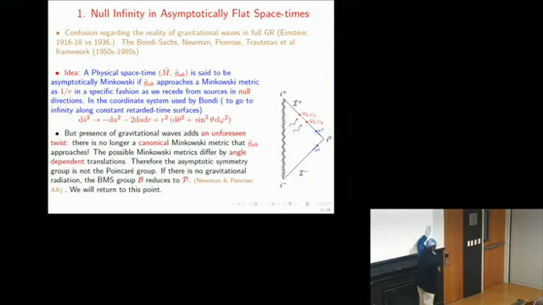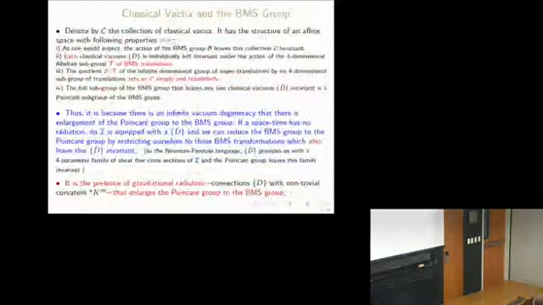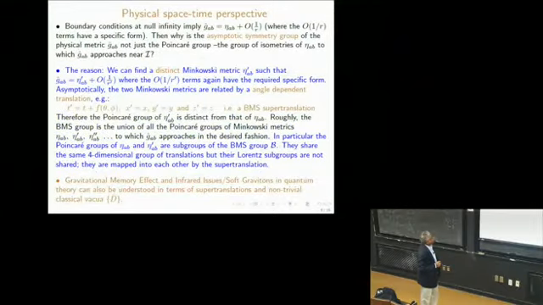If you like, the adapted Minkowski metric to the leading order is in general different from the adapted Minkowski metric here, and therefore the detector will undergo a certain displacement, and that displacement is completely governed by the supertranslation that I talked about a while ago. So this can all be understood in terms of this vacuum degeneracy.